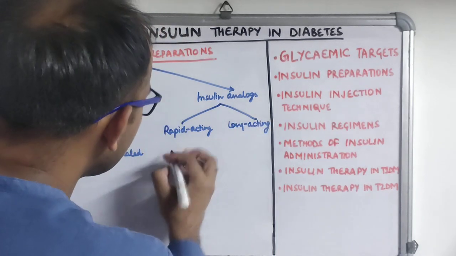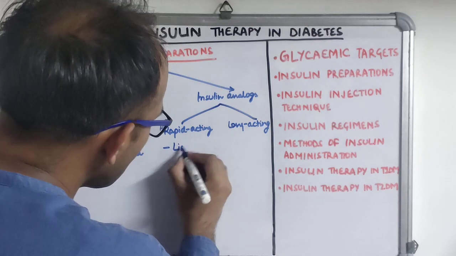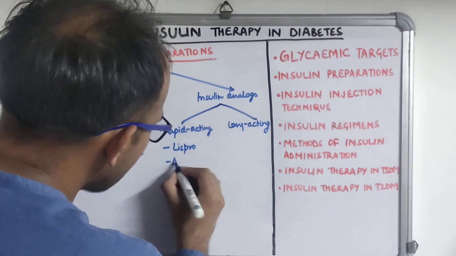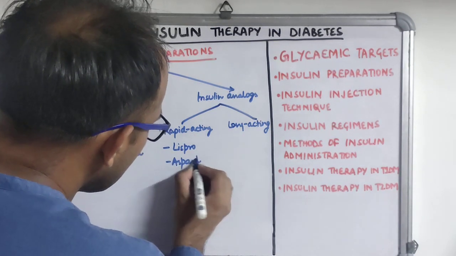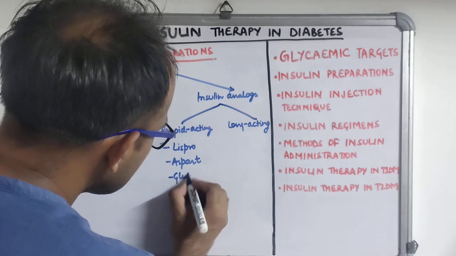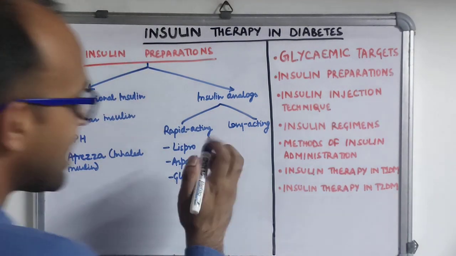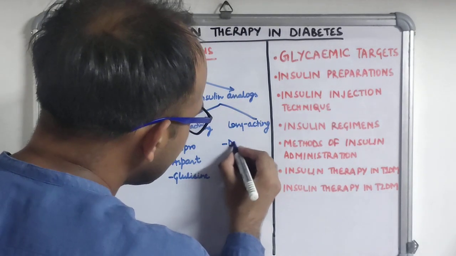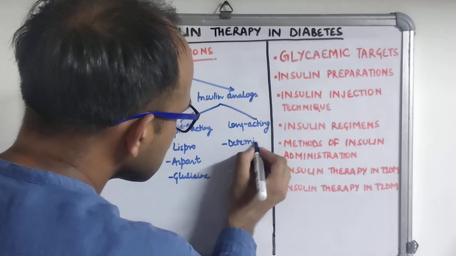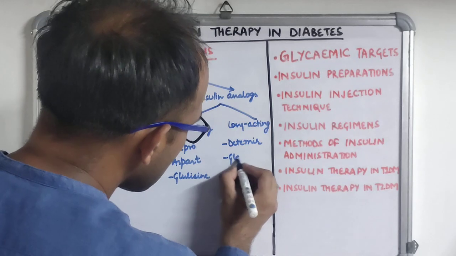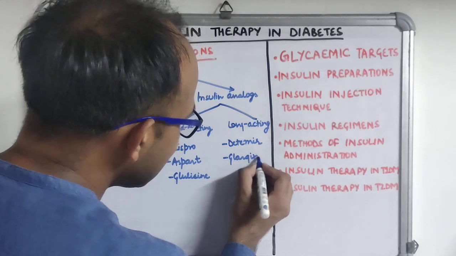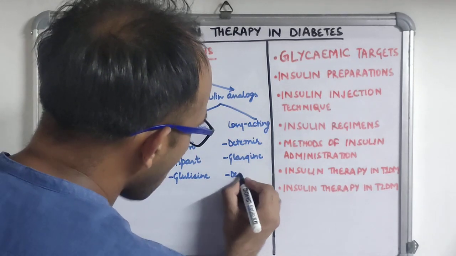Rapid acting includes insulin lispro, insulin aspart, insulin glulisine. And long acting includes detemir, glargine, and a recent one, degludec, which is the longest acting.